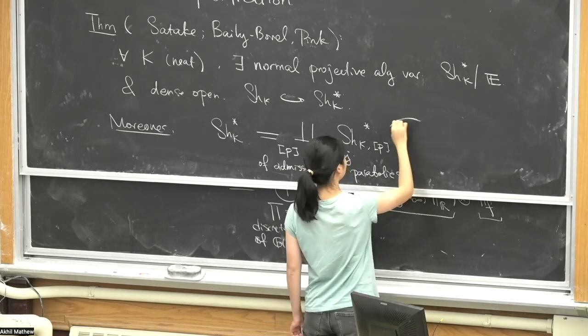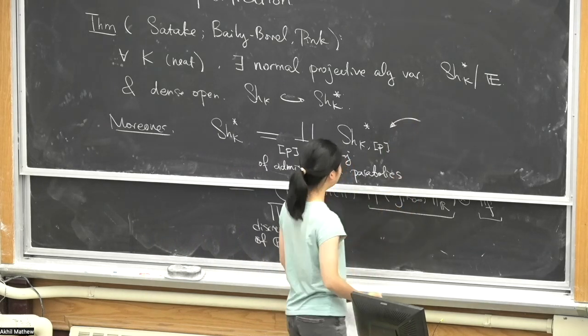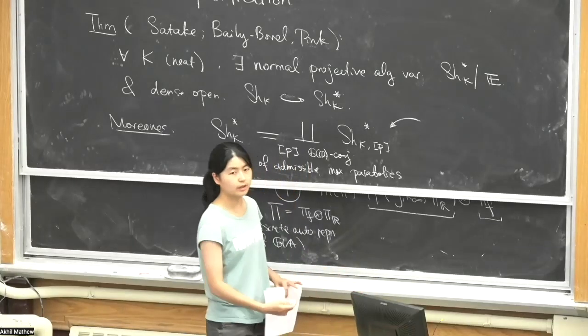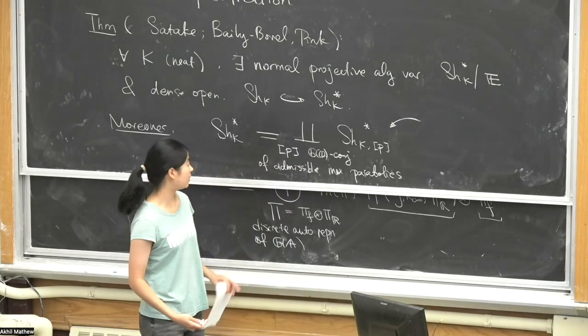And each stratum looks like a union of smaller dimensional Shimura varieties attached to a subgroup of the Levi of these P's.